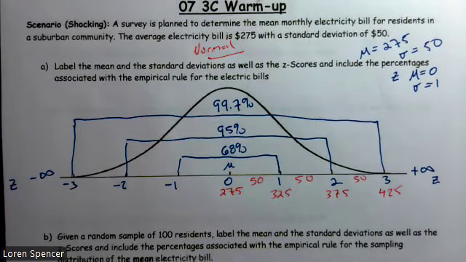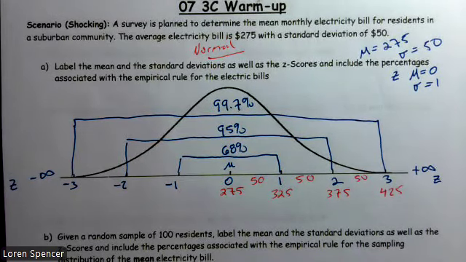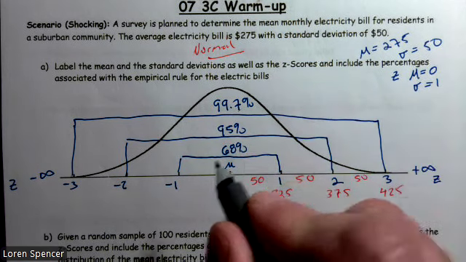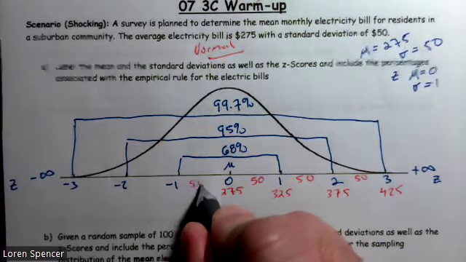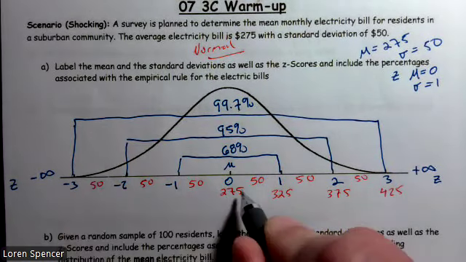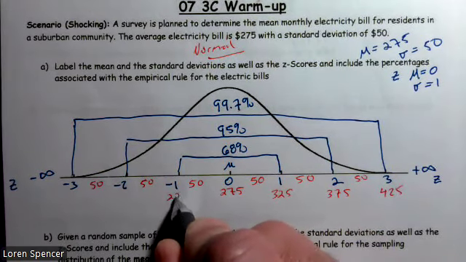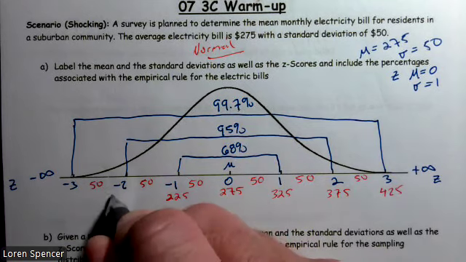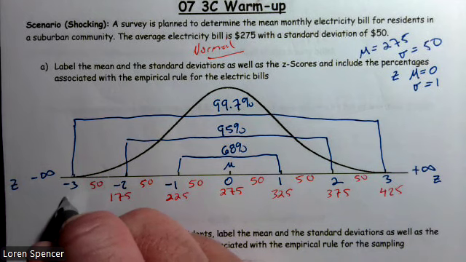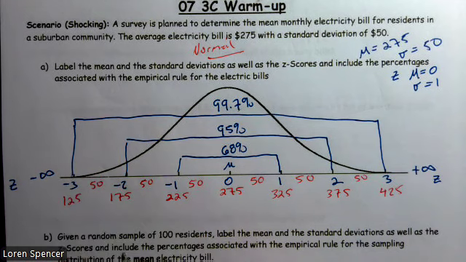But technically, this could go on for infinity, some very expensive electric bills. Well, taking away 50, which means I'll have 50 between each one of these, this becomes 225. This becomes 175. And this becomes 125.